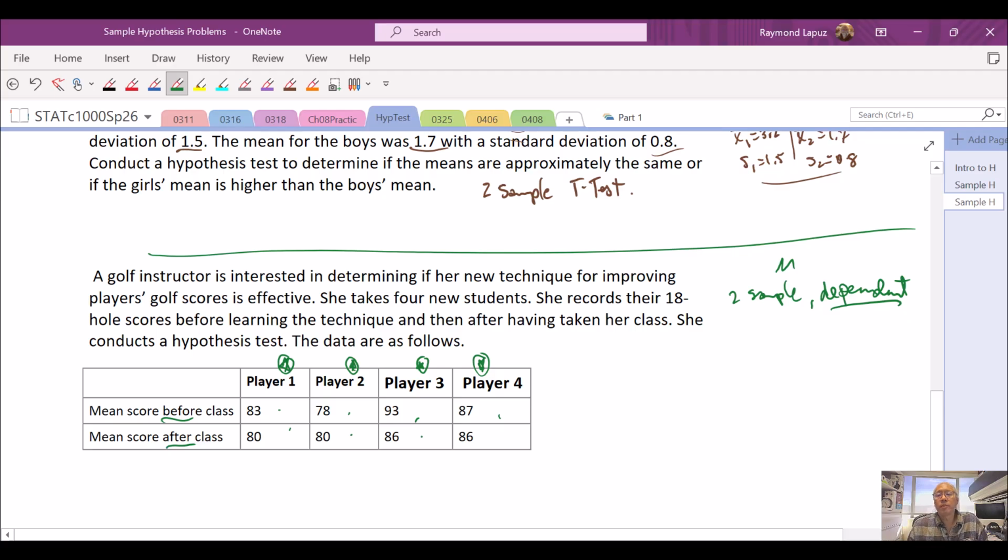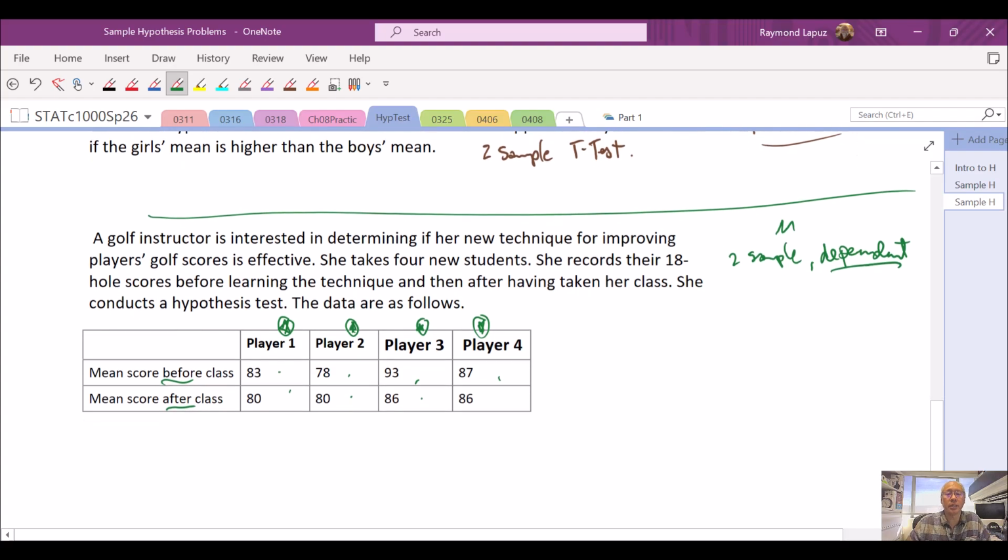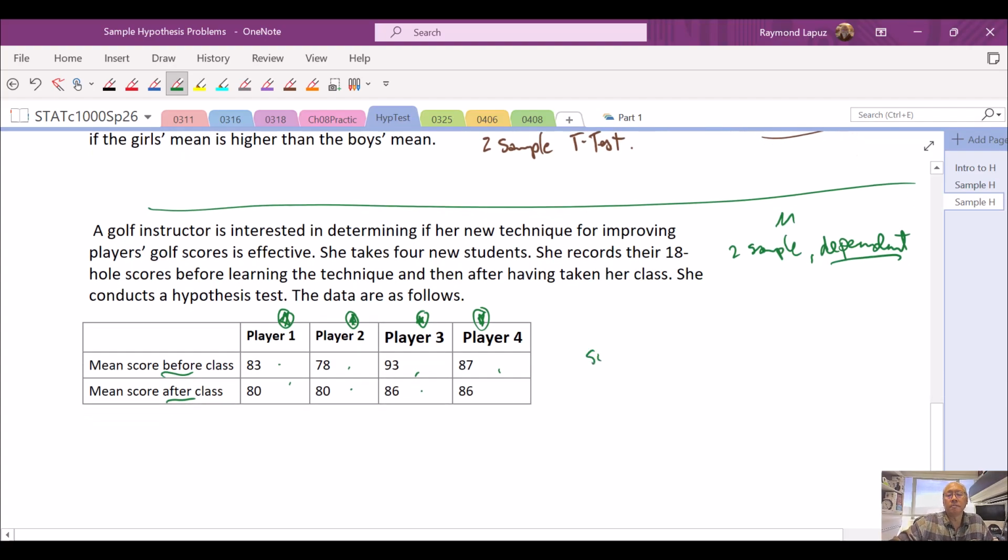Because of that, we're going to summarize this into just a single t-test. Although we are in fact testing 2 different samples, we're going to look at the difference between them.